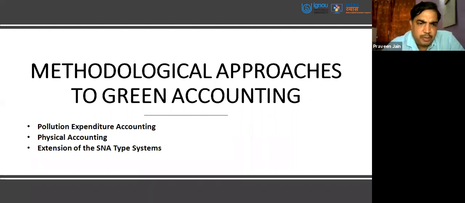One is the pollution expenditure accounting, the physical accounting, or the extension of the SNA type system. So whatever the traditional system of national accounting is there, how we can modify it to have the green accounting.